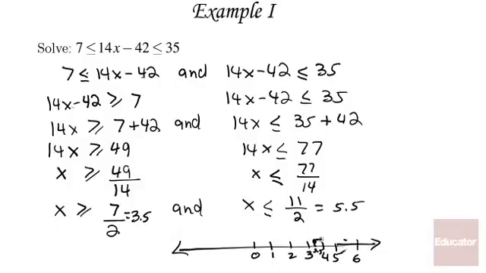So this is greater than. It's going up this way. But I have to stop when I get to here because the intersection of the solution set has to meet both conditions. It has to be greater than or equal to 3.5 and less than or equal to 5.5. So I can write it like this as an inequality, I can graph it here, or use set notation where x is greater than or equal to 7 halves and less than or equal to 11 halves.